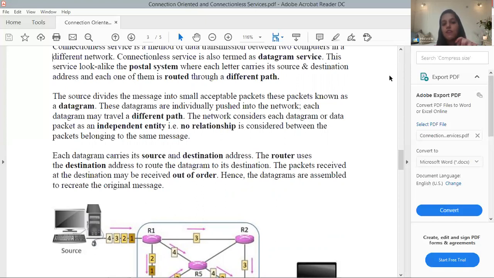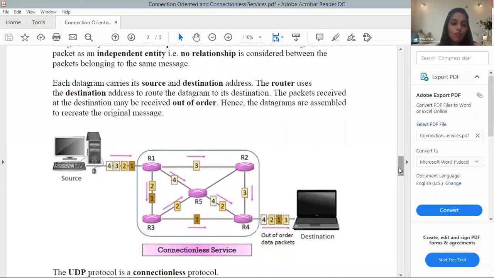Routers use this destination address to route the datagram to the particular destination. The packets received at the destination may be received out of order. Hence, the datagrams are reassembled to recreate the original message. Okay, so it is out of order. So here you can see in the below diagram, there are the datagrams 4, 3, 2, 1.